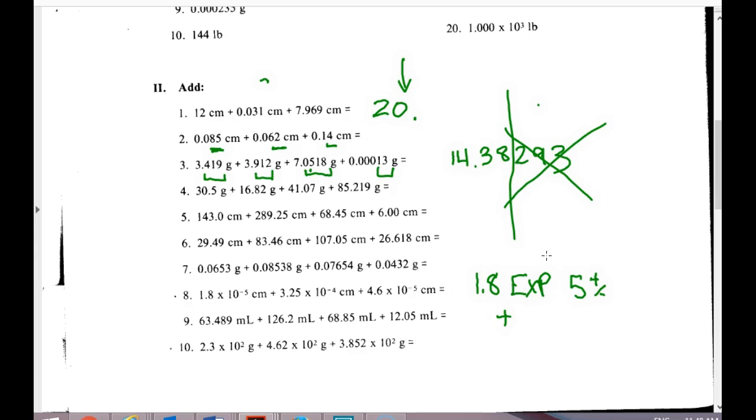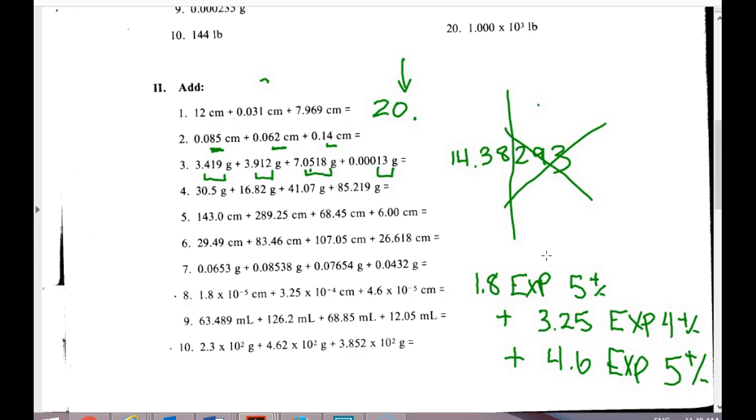Then add 3.25 EXP 4, and then again hit that positive negative button in order to make it a negative 4, plus 4.6 exponent 5, hit that plus negative button so that you get an exponent negative 5. So that's going to lead you to a very different answer than the one that you reported, because all of these numbers are far less than what you translated them into.